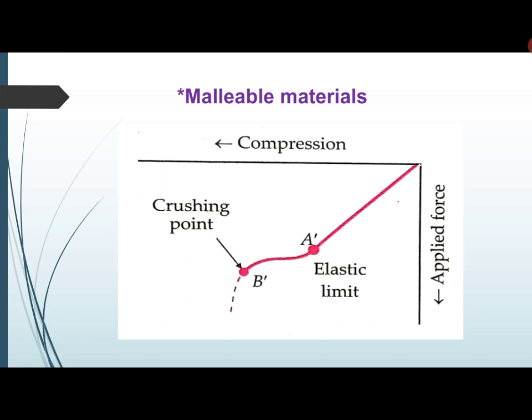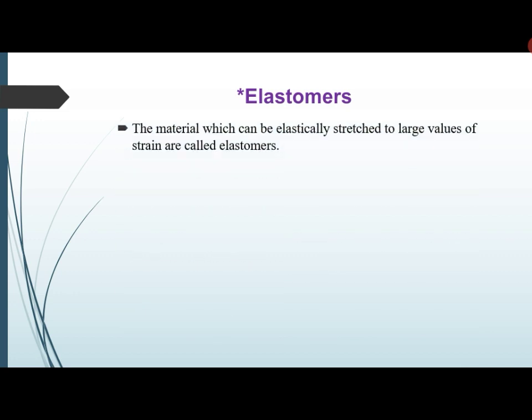Apart from these three main kinds of metallic substances, we are having another substance which is known as elastomers. Now, what are these elastomers? The materials which can be elastically stretched to large values of strain are known as elastomers.